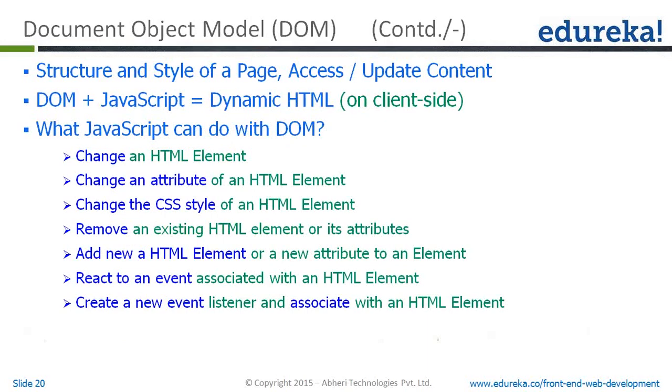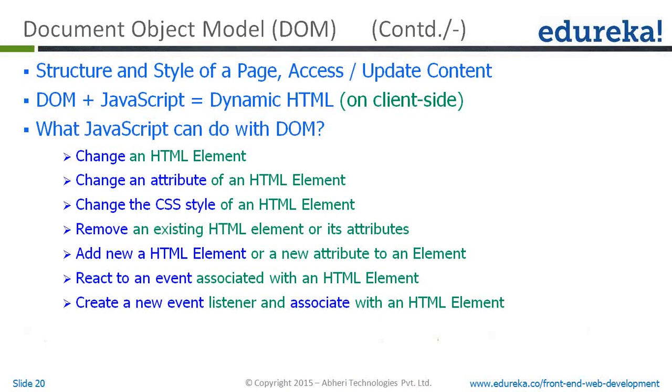One of the important concepts in web programming is called DOM. DOM stands for Document Object Model. Note that every element we see in a web browser is actually represented by a DOM element. So using DOM and JavaScript, you basically get dynamic HTML.